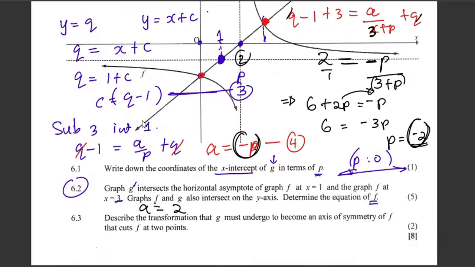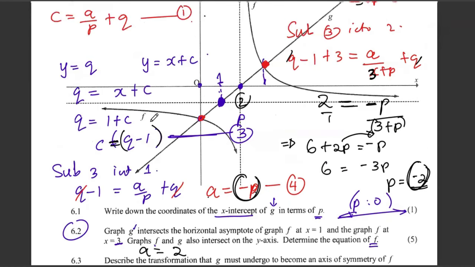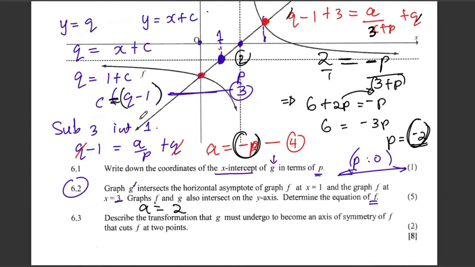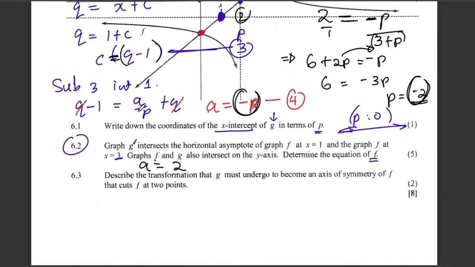And then we need to find c. We said c is q minus 1. Do we have q? We need to find q as a matter of urgency. So which equation are we going to use to find the q? Before we get the q, we can find the c.